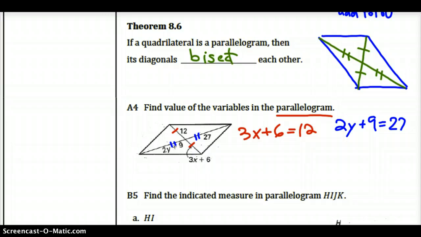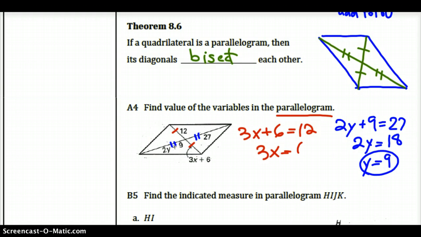When we solve for the variables respectively, we subtract 9, divide by 2. Over here with the red equation, we subtract 6 from both sides, and divide by 3 on both sides, and we get x equals 2.